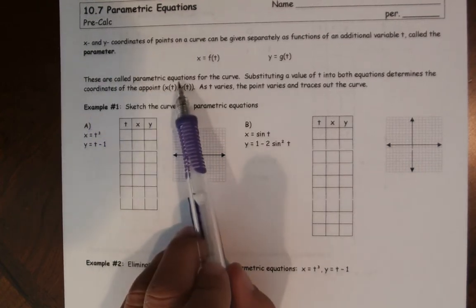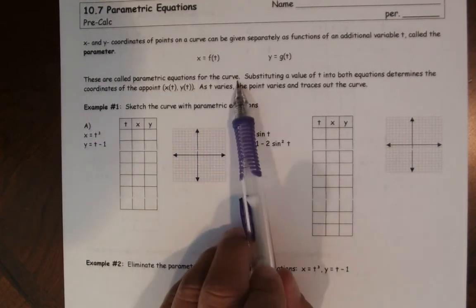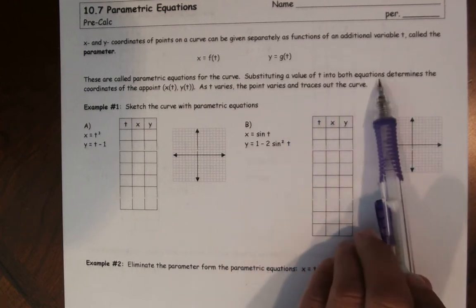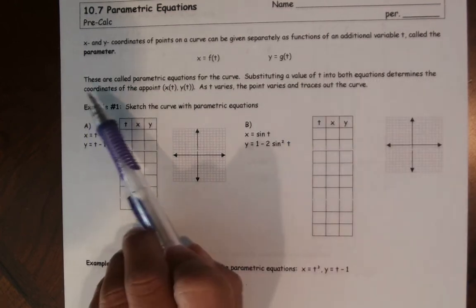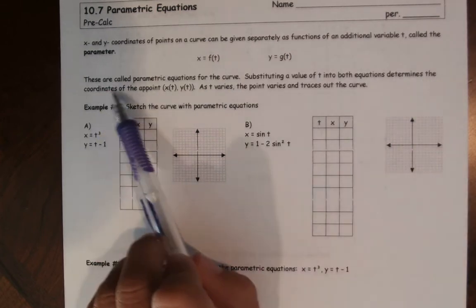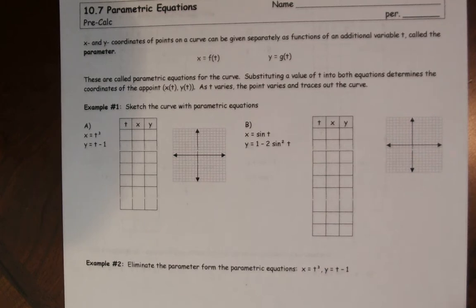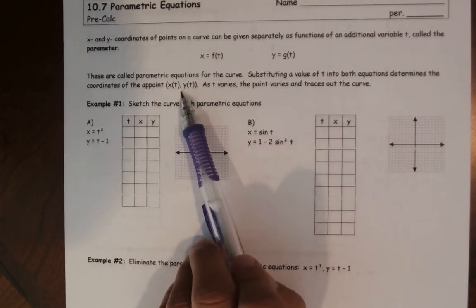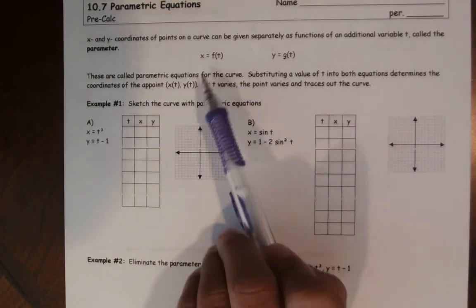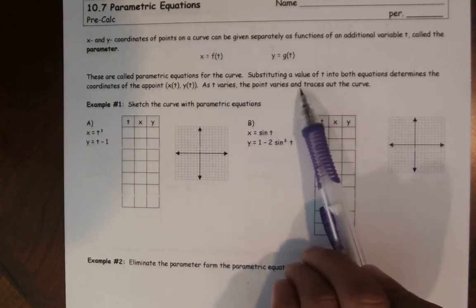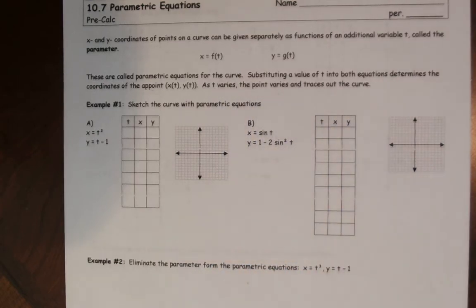These are called parametric equations for the curve. Substituting a value of t into both equations determines the point x of t, comma, y of t. As t varies, the point varies and traces out the curve.